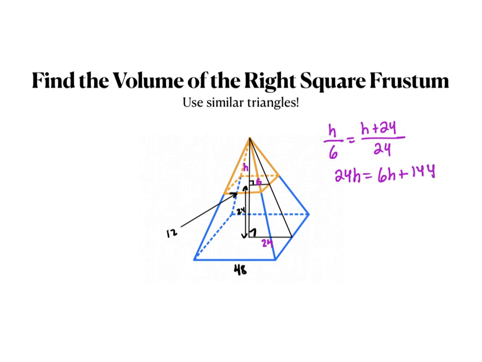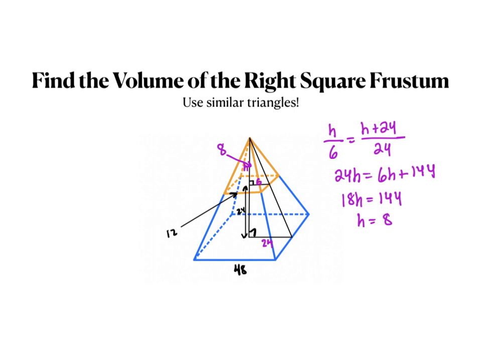So I'll subtract 6H from both sides, and that gives me 18H is equal to 144. Divide both sides by 18, and I find that H is 8. And that is the height of my small pyramid.